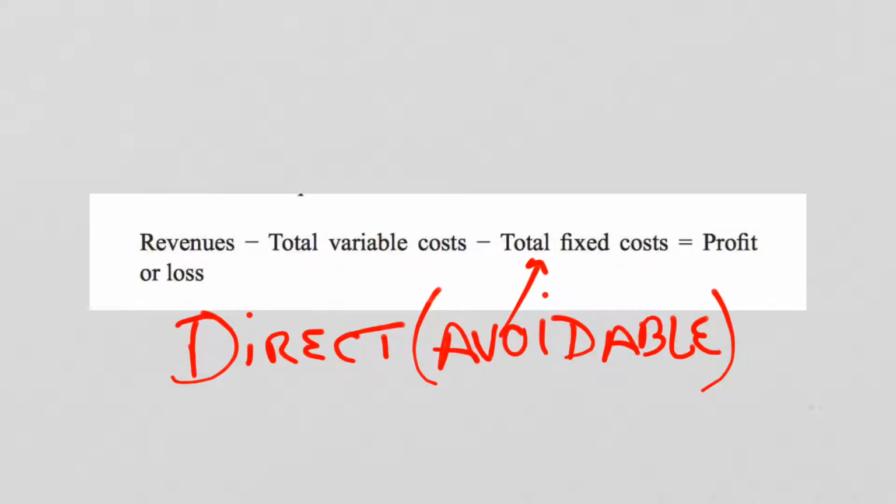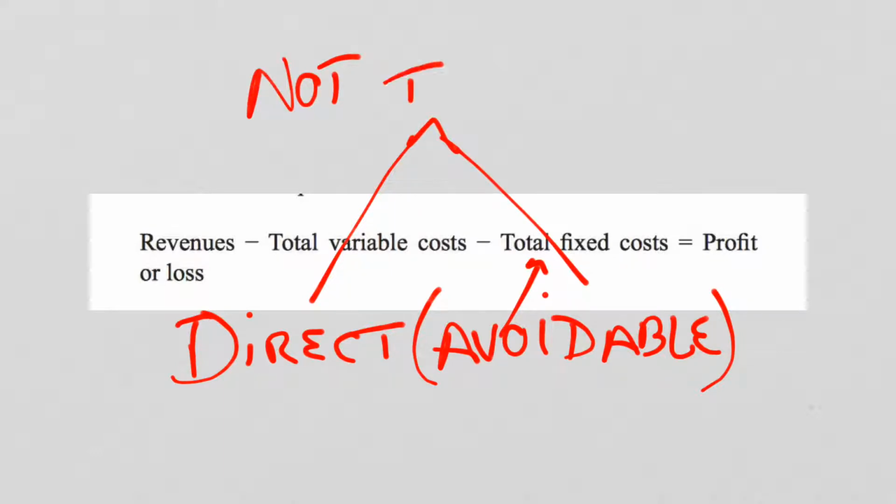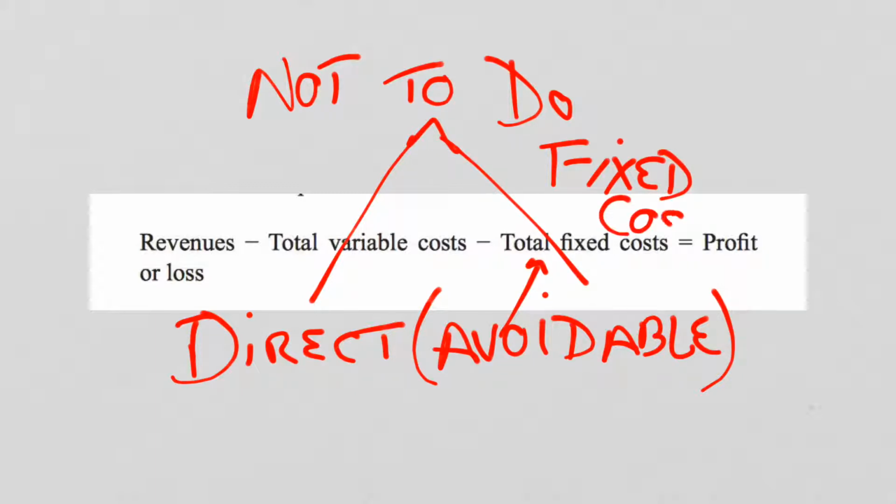Direct fixed cost or avoidable fixed cost means that if you choose not to do a particular choice, then the fixed cost goes away. And that's what avoidable means. That particular fixed cost goes away.